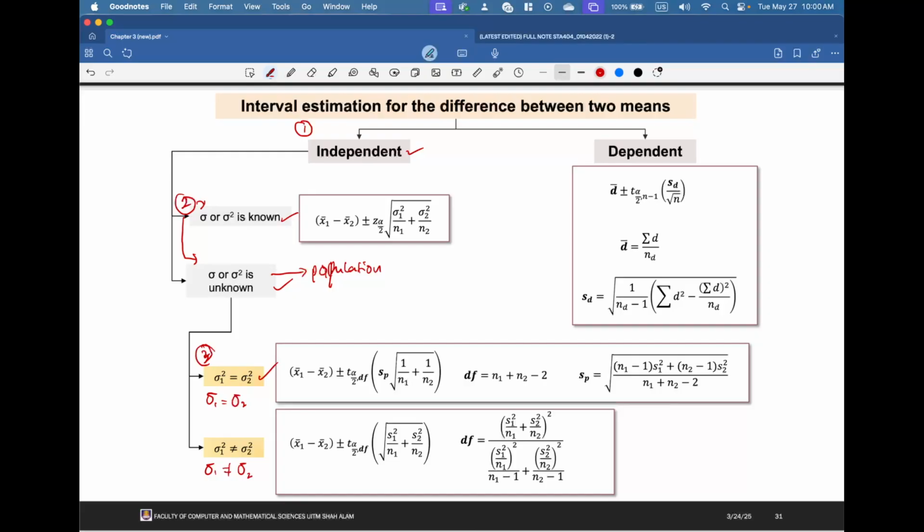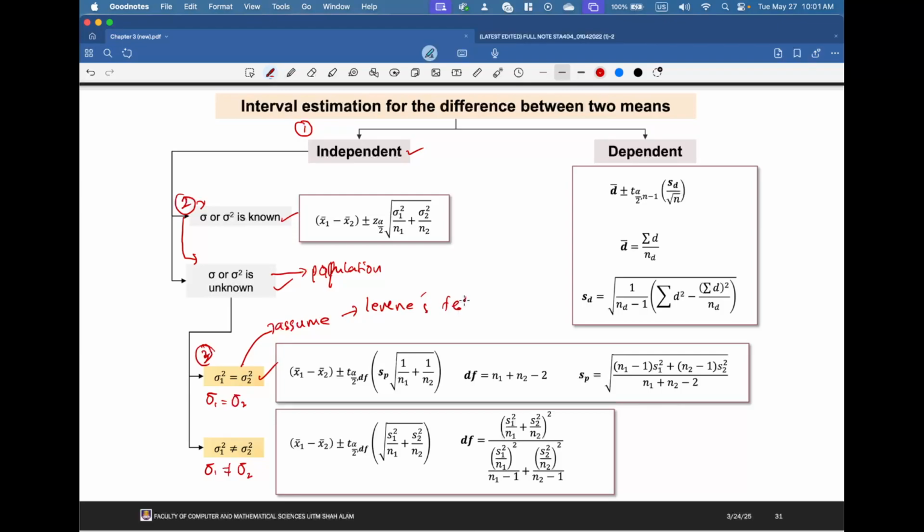The next stage is to determine whether the variances are equal or unequal. For these cases we can only assume, and most of the time the question will give us the assumption whether the variance is equal or unequal, but we can actually test this assumption by using the Levene test.